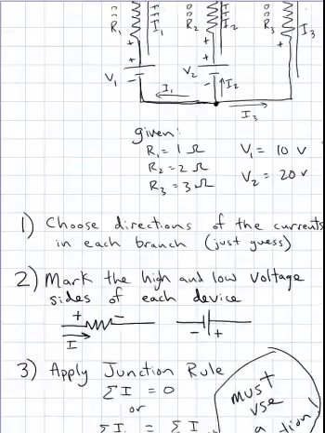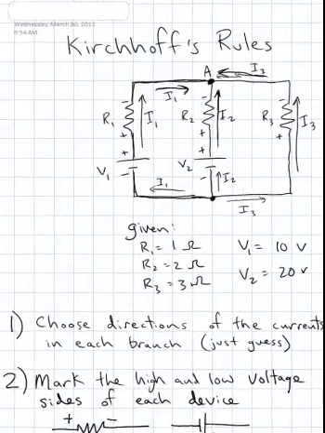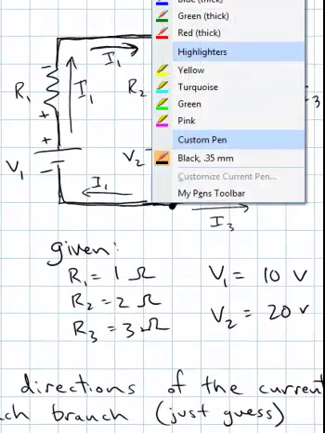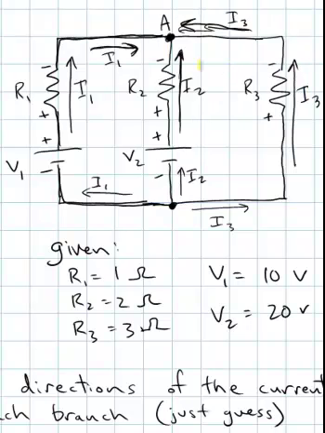Let's take a look at our circuit here. If I start, let me pick a color. How about yellow? If I start in this corner, the lower left corner, and I start walking around this circuit, I go up by some potential through that battery. Then I'm going to drop by some potential through this resistor because I'm going in the same direction as the current.